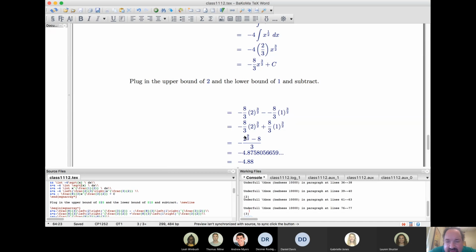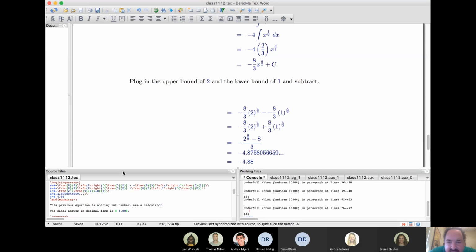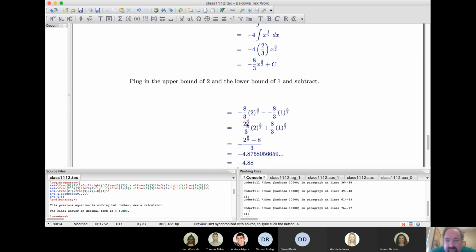You don't have to do it this way, but I'm going to write it. 8 is the same as 2 cubed. So 3 plus 3 halves is the same as 6 halves plus 3 halves, which is 9 halves.